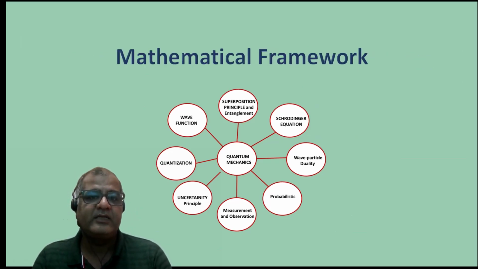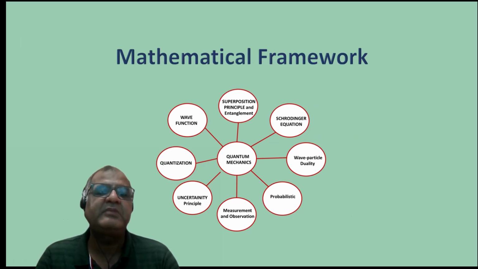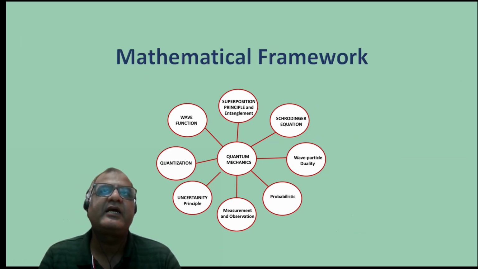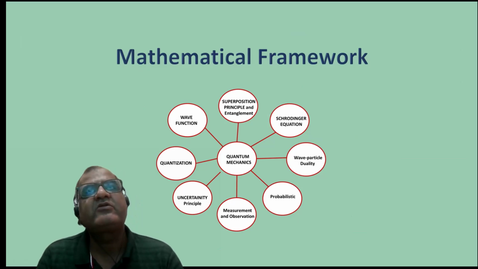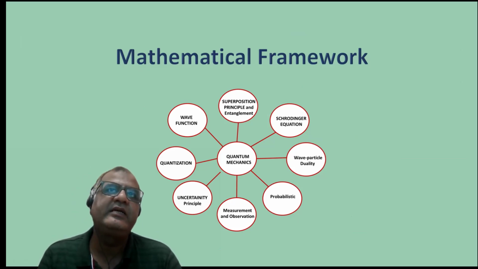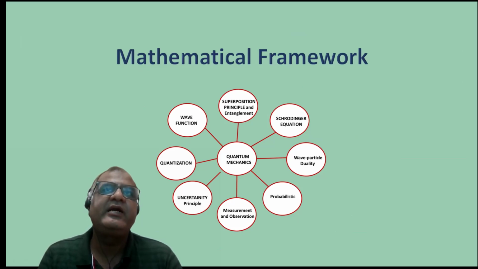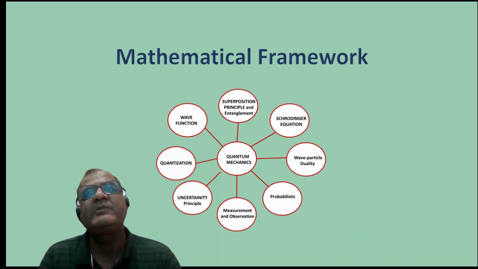Now the mathematical framework. There is a difference in the mathematical framework of classical mechanics and quantum mechanics. In classical mechanics, you generally use calculus. Of course, you use vectors also, but mainly you use calculus and differential equations. While dealing with quantum mechanics, you need a complex mathematical structure called Hilbert space, because the wave functions or states are elements of Hilbert space; they live in Hilbert space.